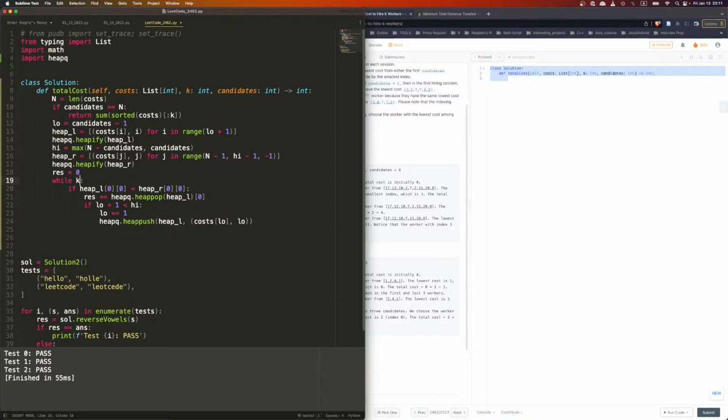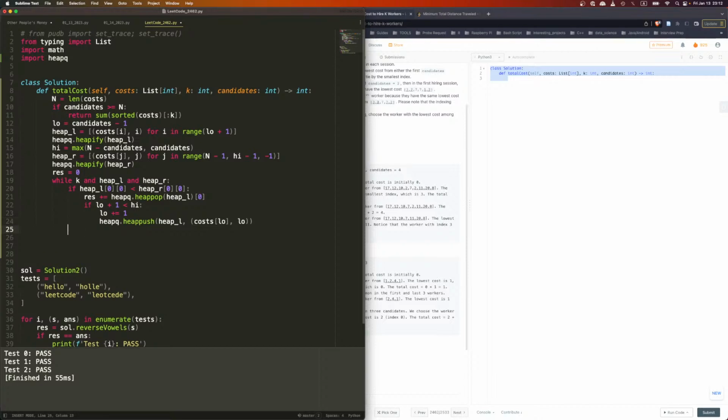We can say this: if k and heap L and heap R, so it's guaranteed both exist. So we can do this, otherwise we don't change.